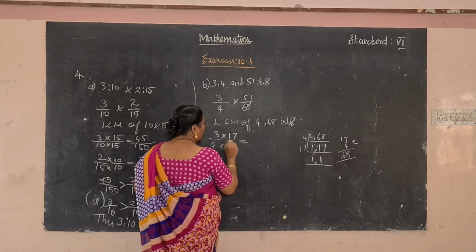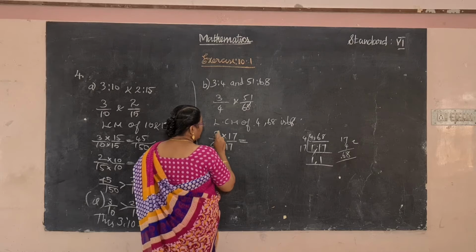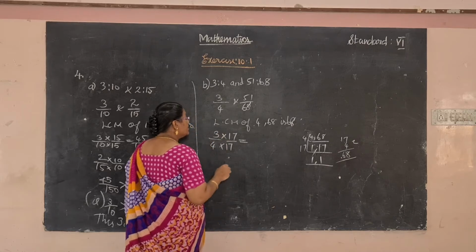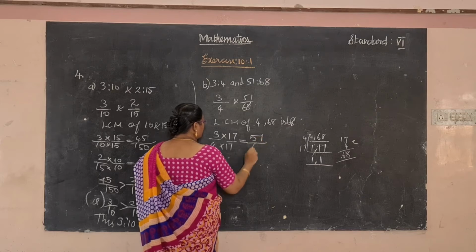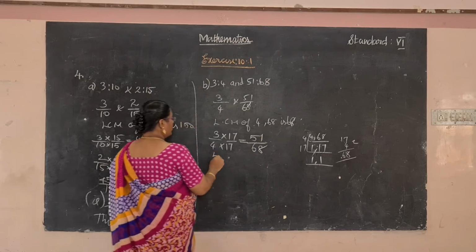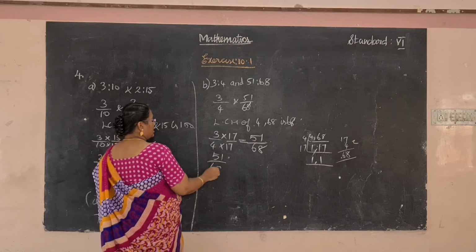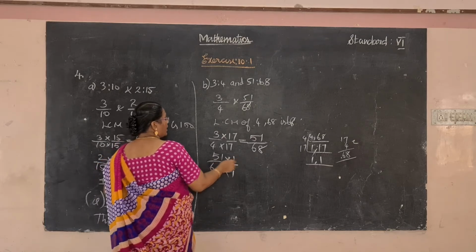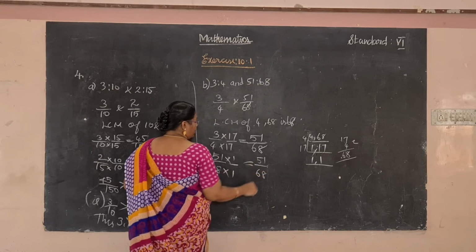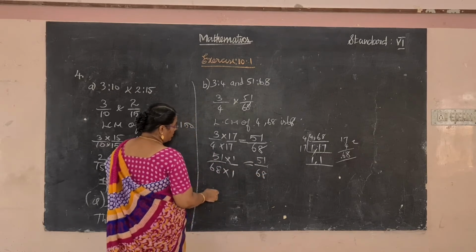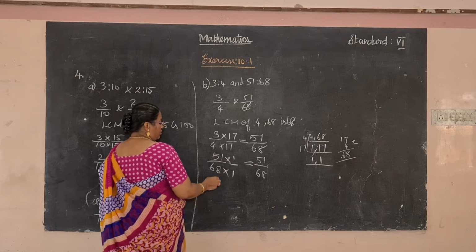That number multiplies the numerator also, that is the antecedent. Okay, so multiply, this value becomes 51 by 68. The next one, 51 by 68, the denominator value was already 68, so numerator and denominator are multiplied by 1. Both values are the same.